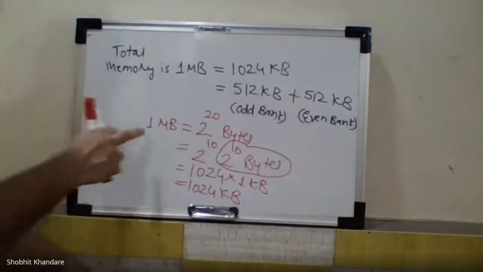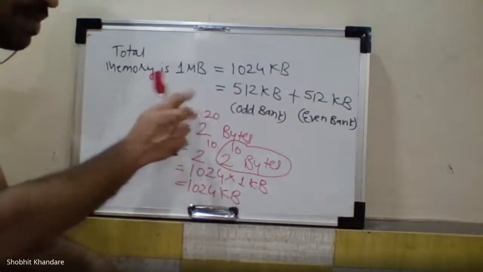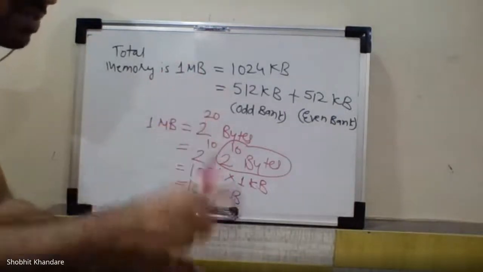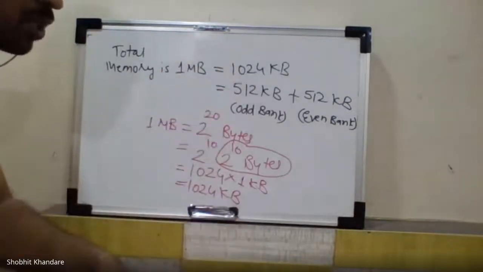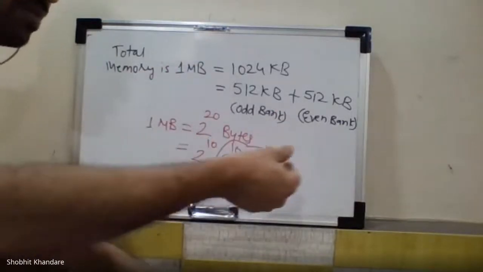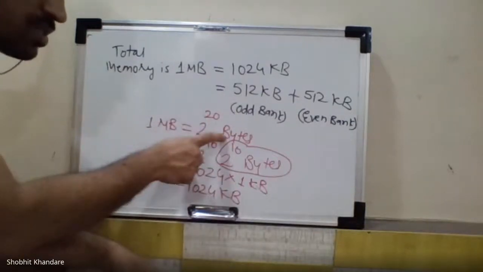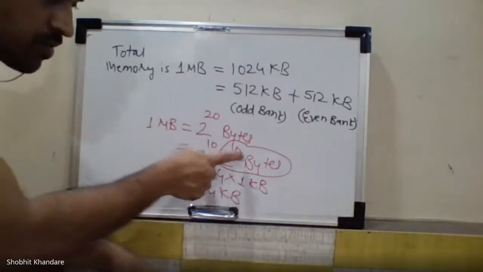I'm repeating, 1 megabyte is equals to 2 to the power of 20 bytes. Please relate this with the 20 address lines. 20 address lines meaning 2 to the power of 20 locations, and each location will be able to store 1 byte. So 2 to the power of 10 into 2 to the power of 10 bytes.